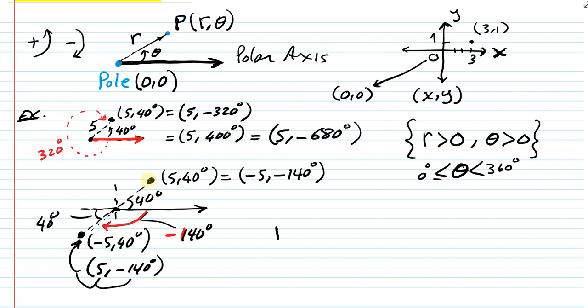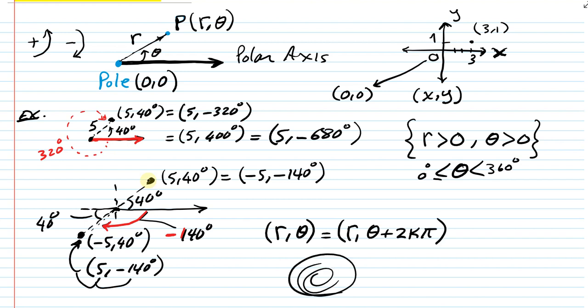So let's generalize this then, based on what we have observed. If r, theta are coordinates of a point in the polar coordinate system, then every point with the same r and theta plus 2k pi, that's subsequent rotations around the circle, right? That gets you to the same point. It's going to be also a coordinate.